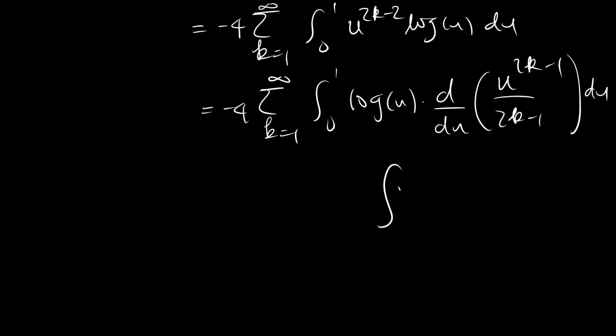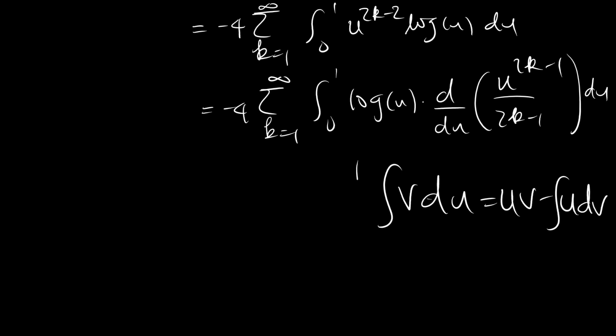Using integration by parts, where if you have a product of v and the derivative of u and you integrate that, we have uv minus u times the derivative of v.